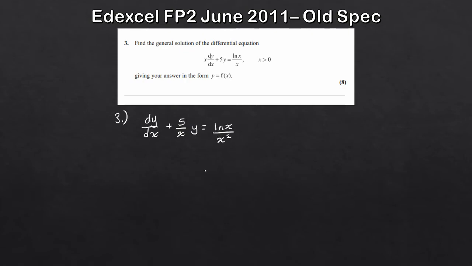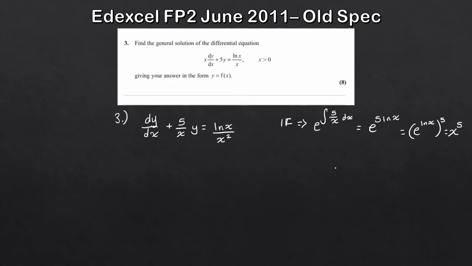Okay. So now we can work out the integrating factor. The integrating factor is e to the integral of 5 over x dx, and that'll give us e to the power of 5 ln x, which we can rewrite as e to ln x all raised to the power of 5, which is equal to x to the power of 5.